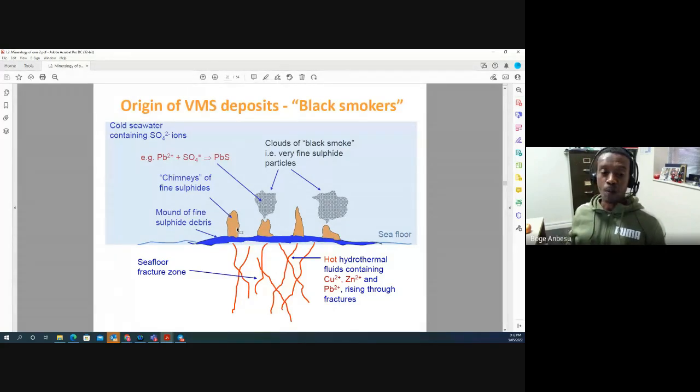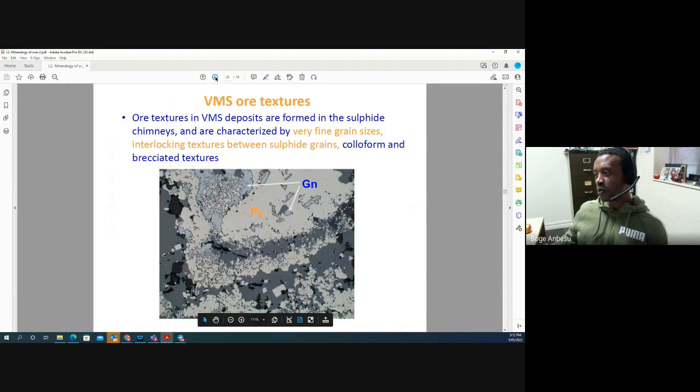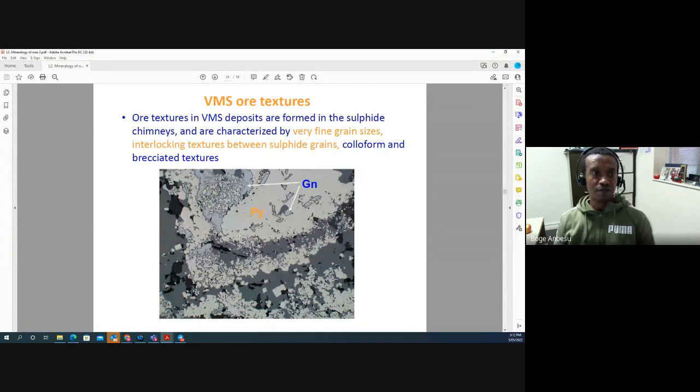And therefore, when people now mine VMS deposits, most likely those VMS deposits were formed millions of years ago because of this process. So the end result is that you have a debris of fine sulfides accumulating in seashores. And therefore, when you look at VMS deposits, the texture is actually very complicated. And the sulfides are very intimately associated with one another, simply because they were derived from very fine dust of sulfide.